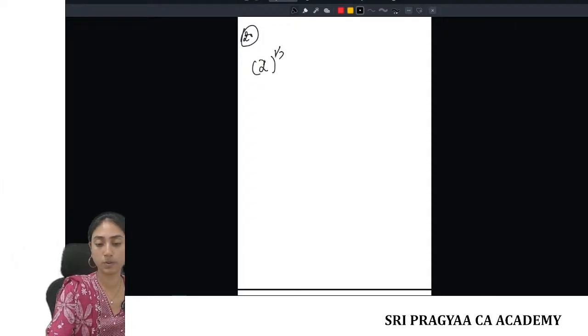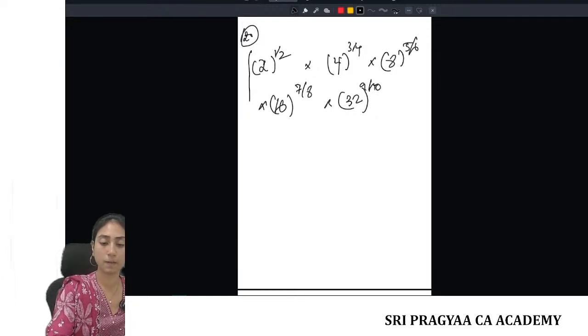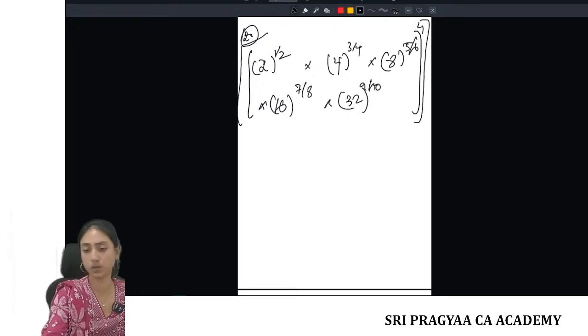Two raised to the power 1 by 2 into 4 raised to the power 3 by 4 into 8 raised to the power, 16 raised to the power, into 32 raised to the power 3 by 25.